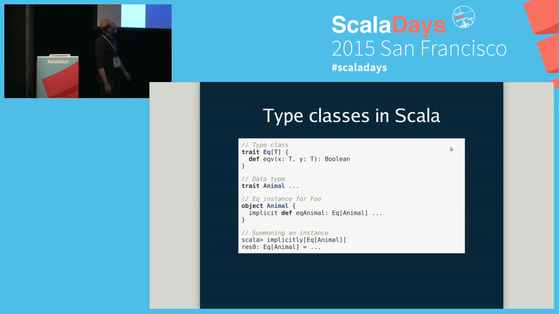Given that, then we can use implicitly to magically summon our instance for the given type from our implicit scope. That's a little bit inconvenient. We don't typically want to do that. Normally, we're going to be using this in the context of passing values of these types to polymorphic functions in the process of type inference and implicit resolution.